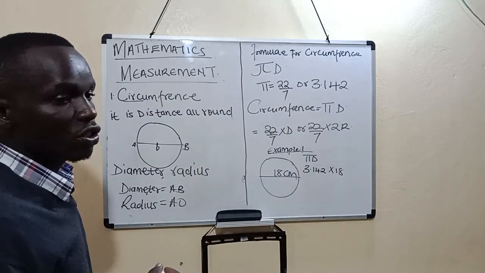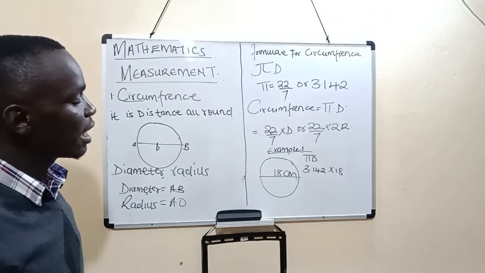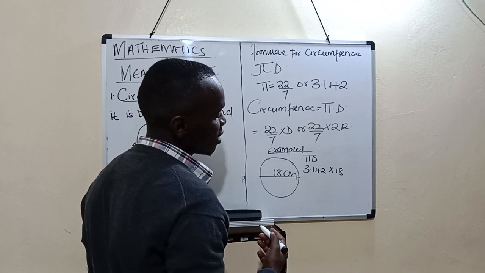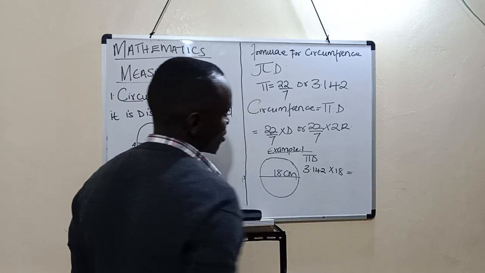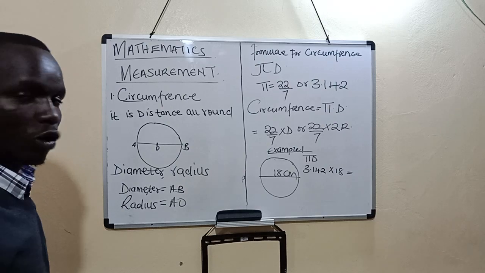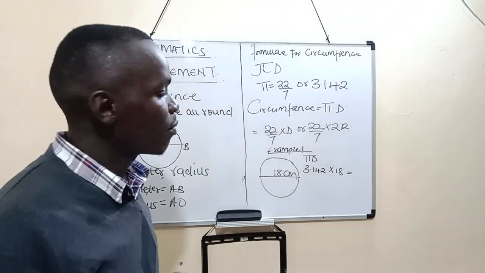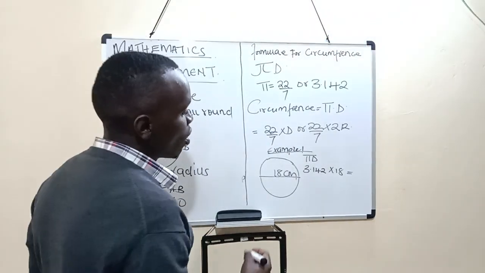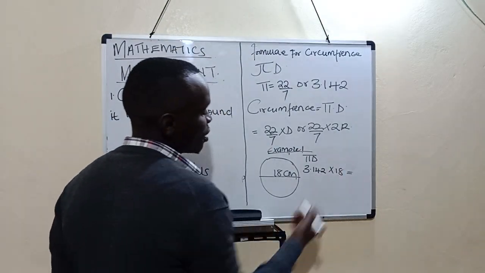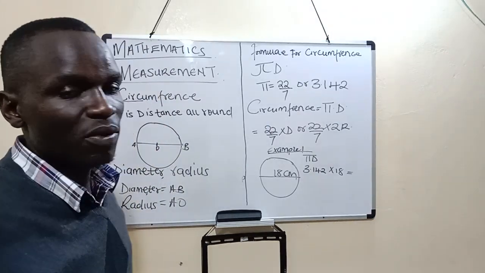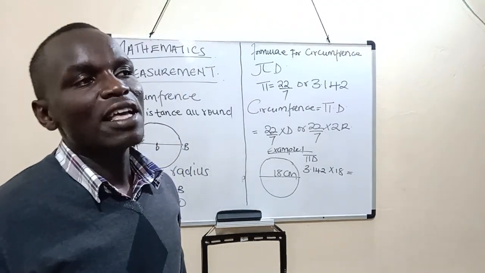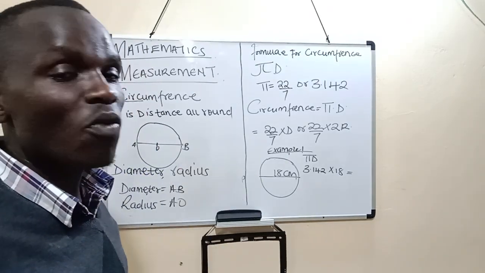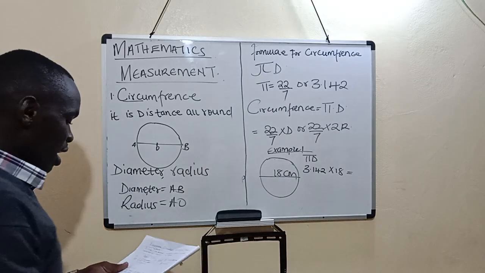That way you are going to get the circumference of that circle. I hope you are a good student and able to get this one. You can choose to multiply directly, or maybe you use a calculator, because nowadays I hear that they allow you to use calculators from grade 7 all the way to form 4.